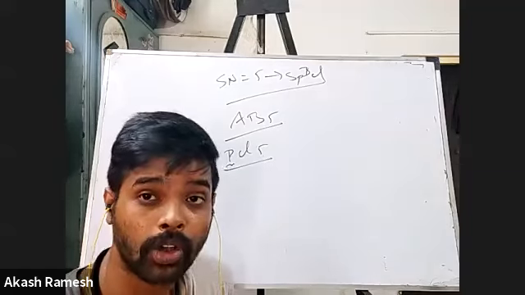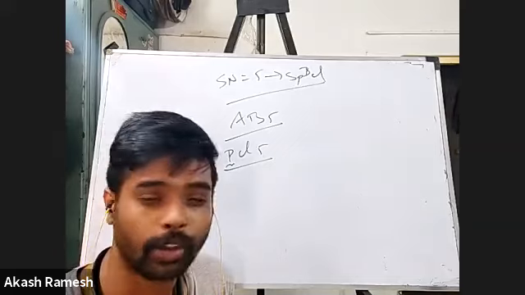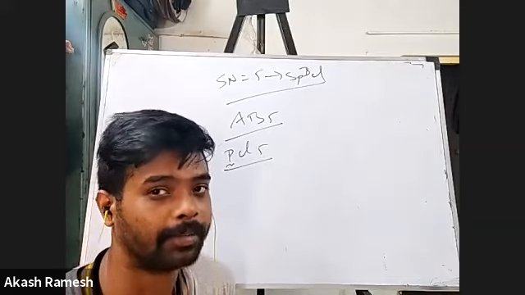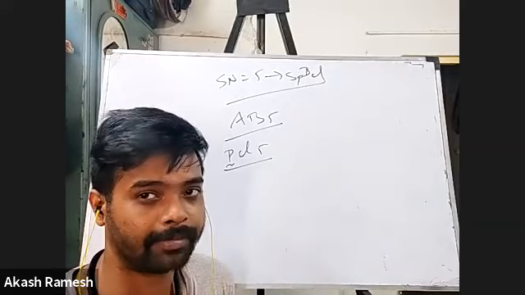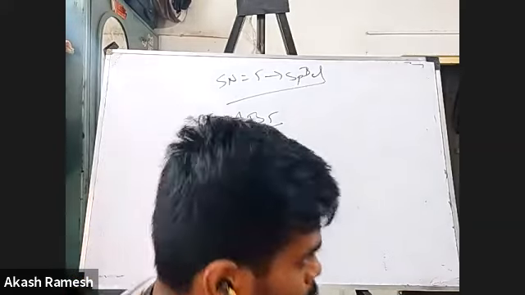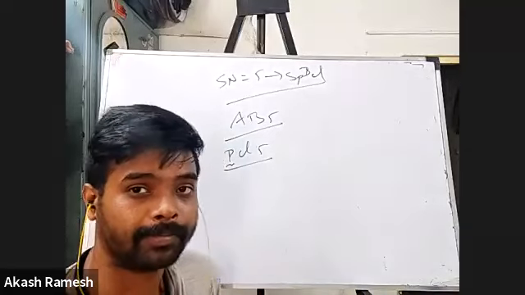Nitrogen. Exactly. So it belongs to the nitrogen family. Guys, if you don't know the periodic table, it is going to be very difficult. I'm telling you now itself. Okay, fine. So phosphorus belongs to the nitrogen family.